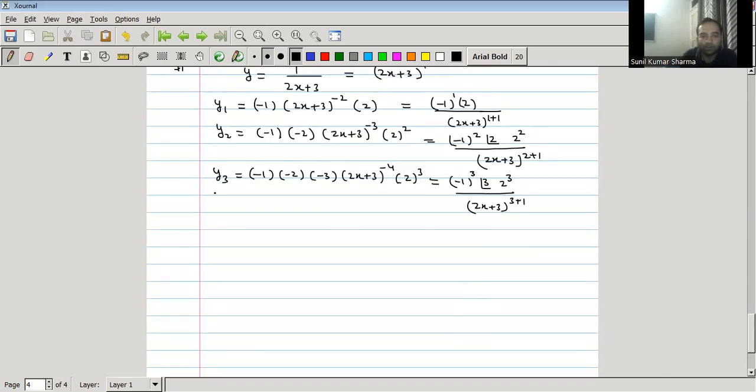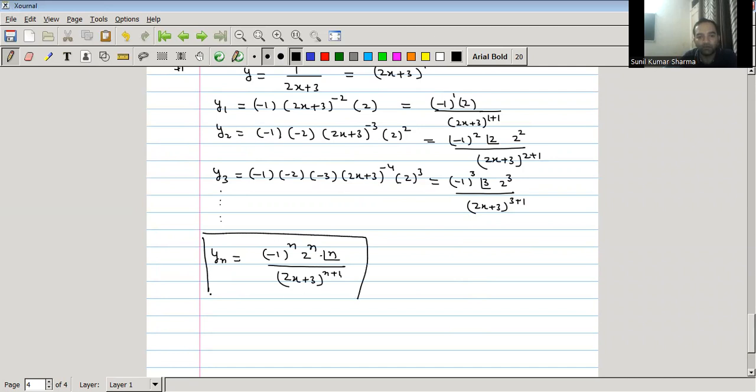So similarly, continue in this way. If we have to find the nth derivative, what is the nth derivative? So I directly write -1 to the power n into 2 to the power n into n factorial divided by 2x plus 3 to power n plus 1. So this is the nth derivative of given function y.